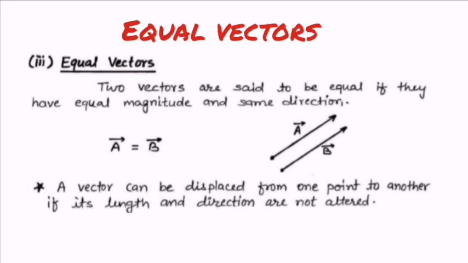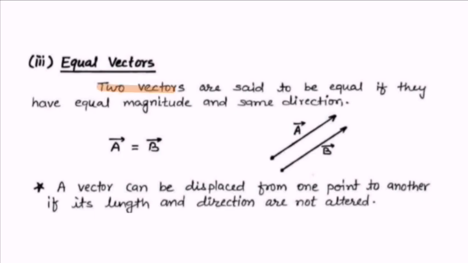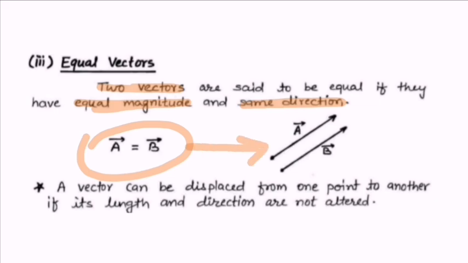Equal vectors. Two vectors are said to be equal if they have equal magnitude and same direction. Means vector A is equal to vector B as seen in the diagram.